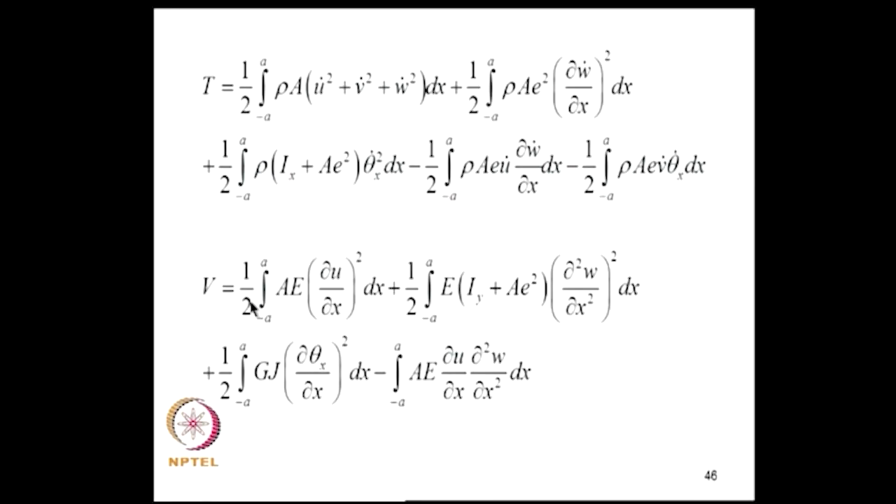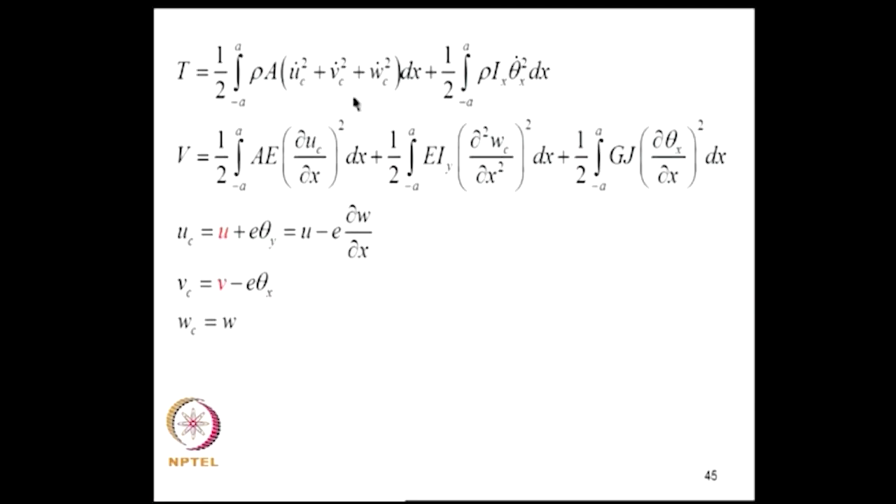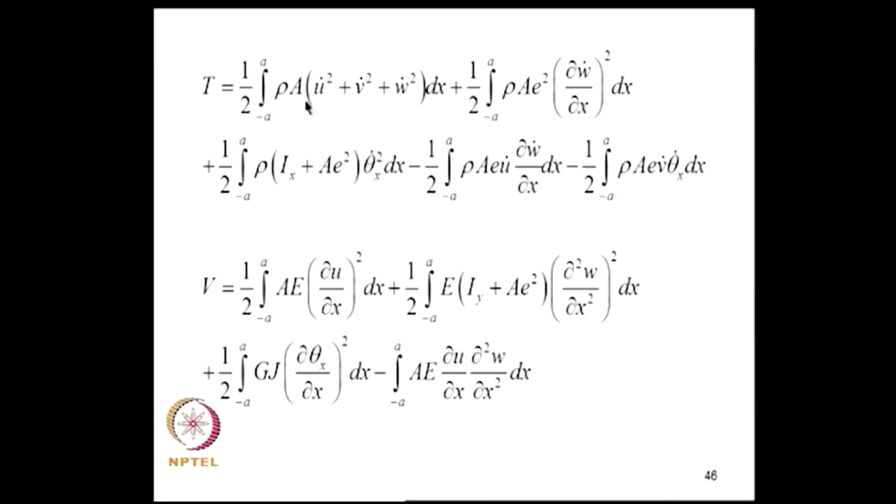If we consider the expression for kinetic energy, you have to substitute this into this expression and rearrange the terms. I will get the expression for kinetic energy to be given by this. There are 5 integrals now because of the cross terms, and these new terms will be present. Similarly, strain energy will have 4 contributing terms as shown here.